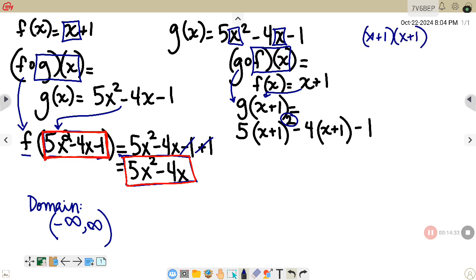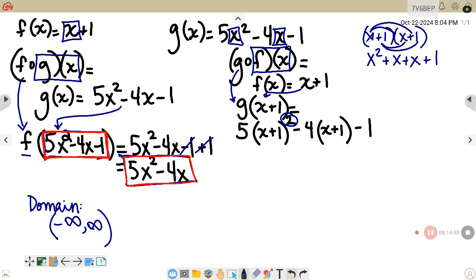So x plus 1 squared means to multiply x plus 1 times itself, and then I'll FOIL. X times x gives me x squared. Outside is x times 1, which is 1x. The inside is another 1x. And then my last 1 times 1 is 1.